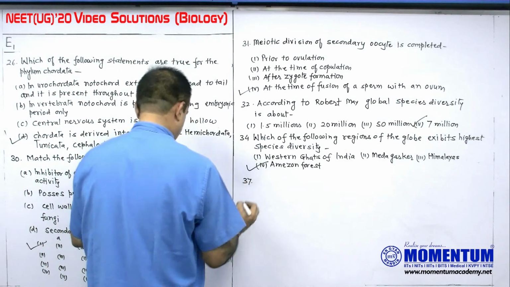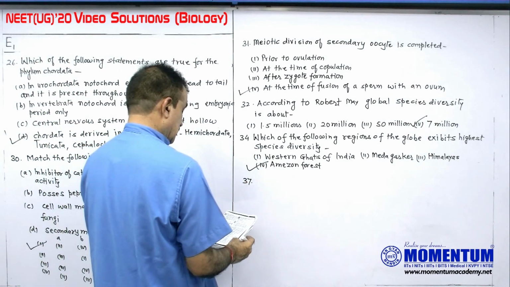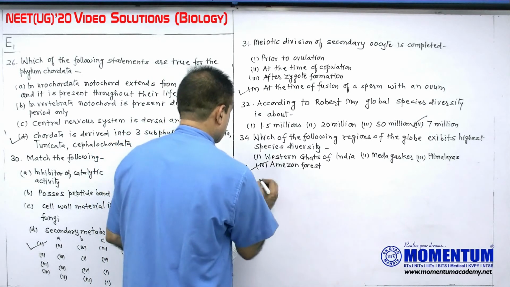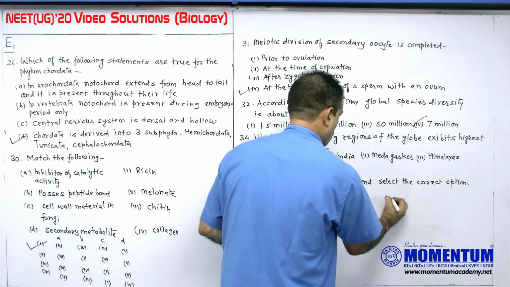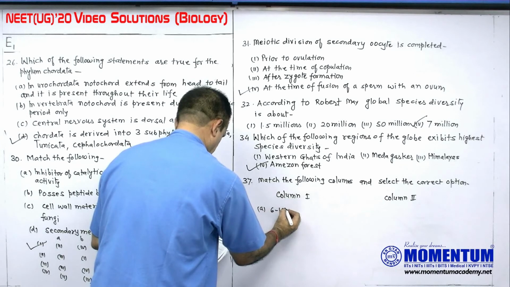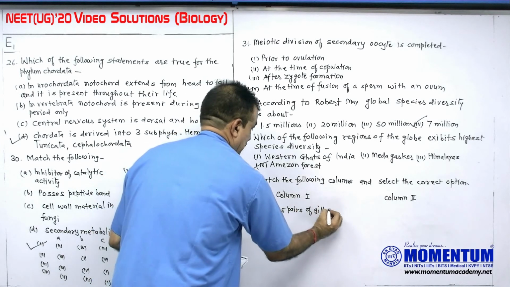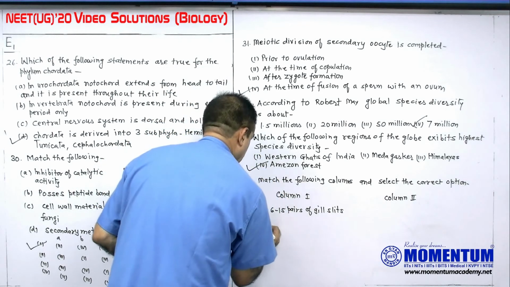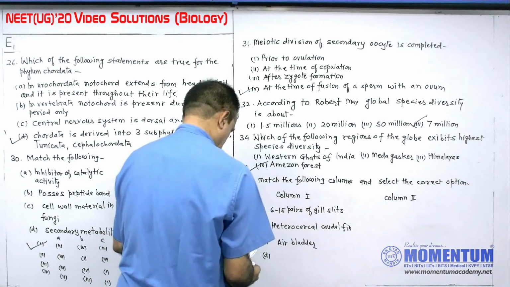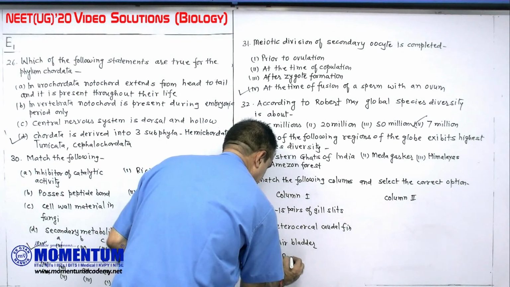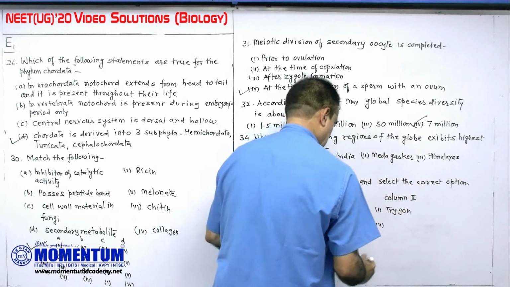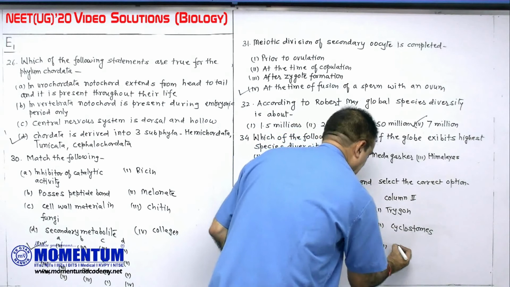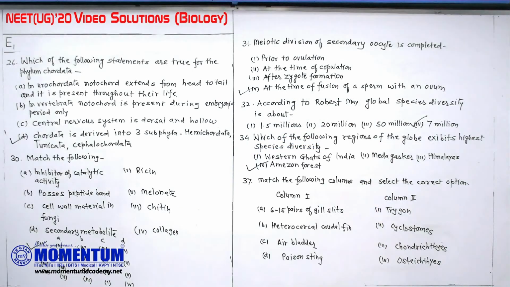Then 37, match the following columns and select the correct option. Column 1: 6 to 15 pairs of gill slits, heterocercal caudal fin, air bladder, poison sting. Column 2: Trygon, cyclostomes, chondrichthyes, osteichthyes. These are characters among the fishes.